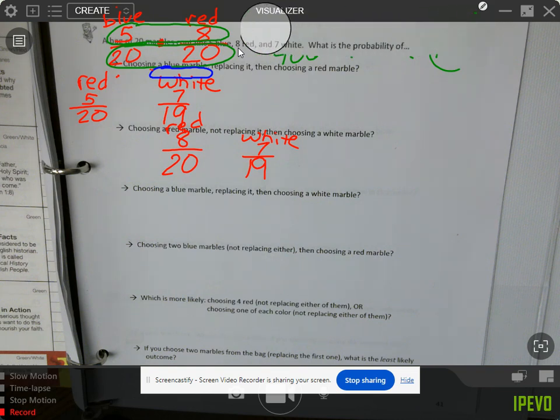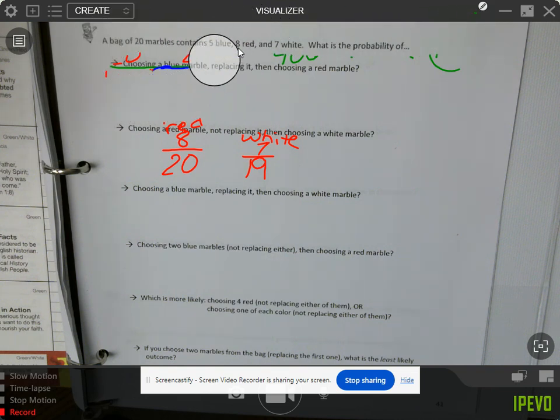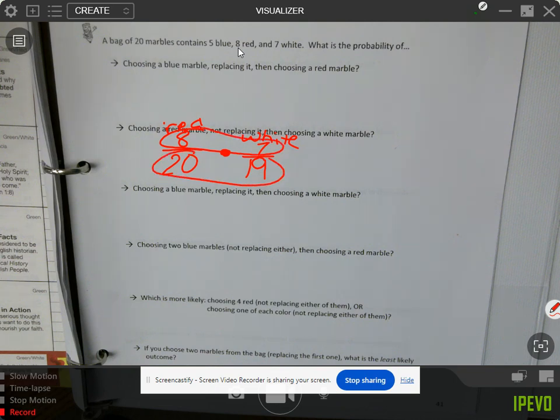What is my next step? Raise your hands if you know what my next step is. Down. I need to multiply my events together. So how do I multiply my fractions? Down. I multiply straight across. 8 times 7 is 56. 20 times 19, 380.